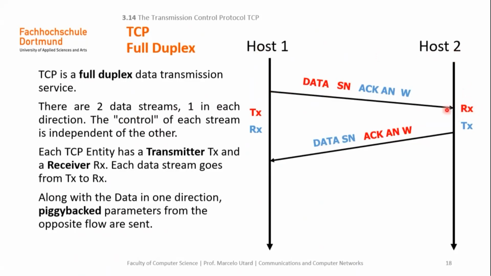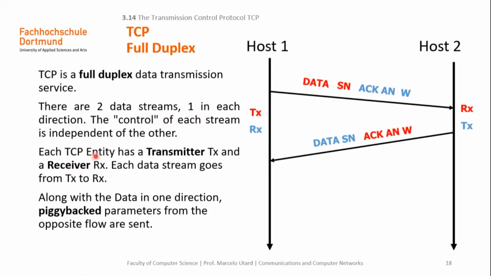But in the other direction, the receiver buffer in host 1 is not full. Then we could continue to transmit data from host 2 to host 1, but perhaps we can't transmit data from host 1 to host 2. Then remember this: the control of each stream is independent of the other.